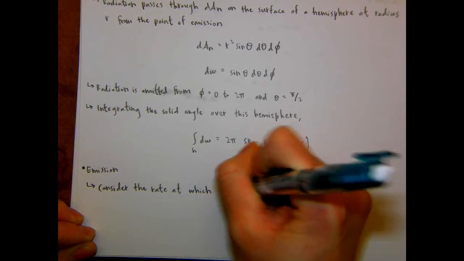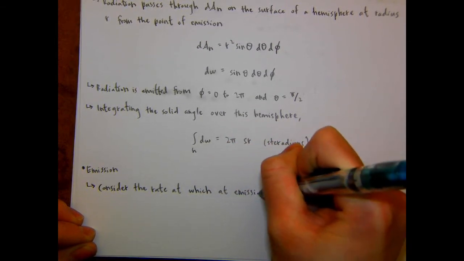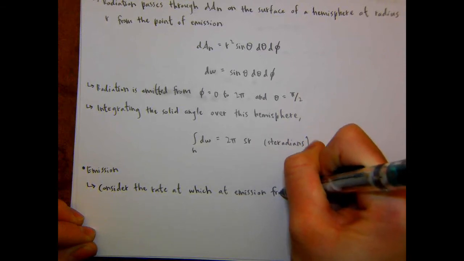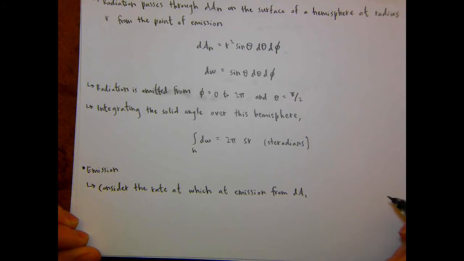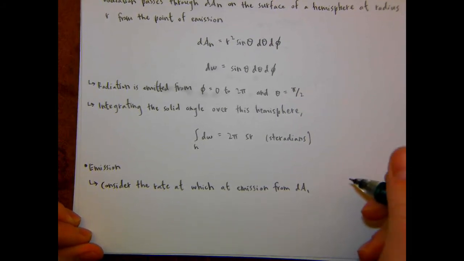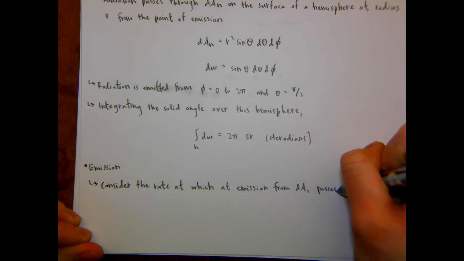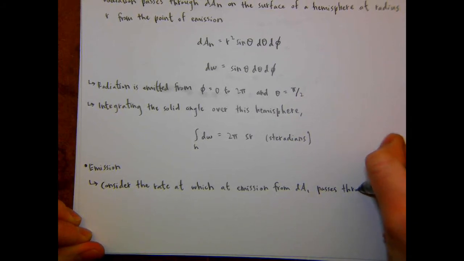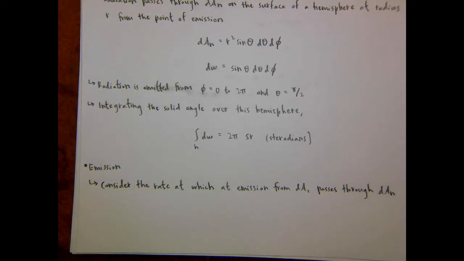So consider the rate at which emission from dA1, this differential area on an emitting surface, passes through dA sub n, which is the corresponding differential area on the surrounding hemisphere.